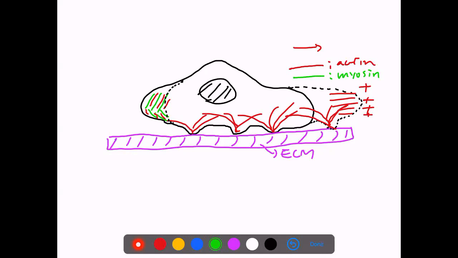And how they bind to the ECM is that probably there is integrin in here. Not just one integrin, many molecules of integrin have to form here. So the leading edge of this area is like a lamellipodia.